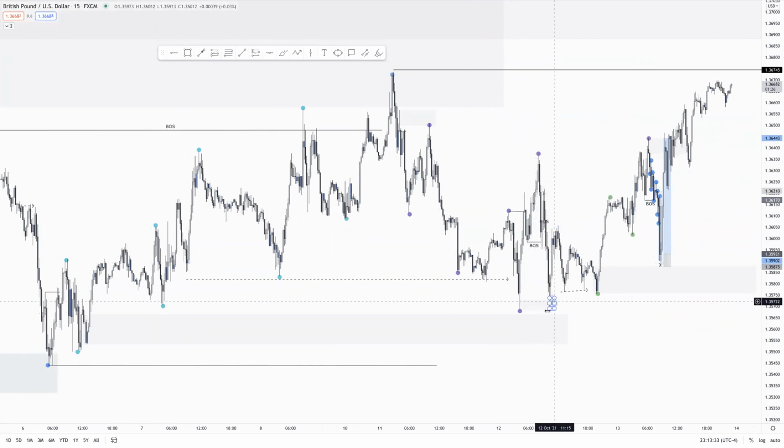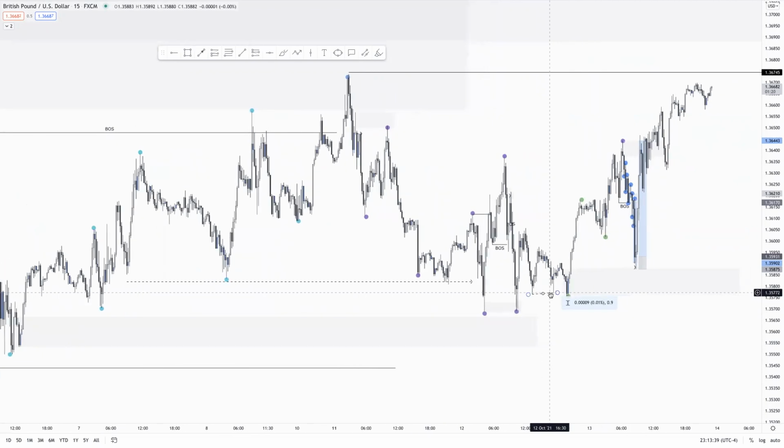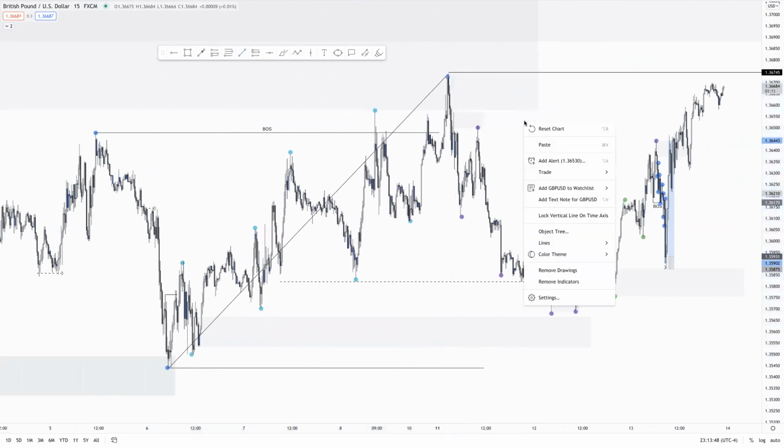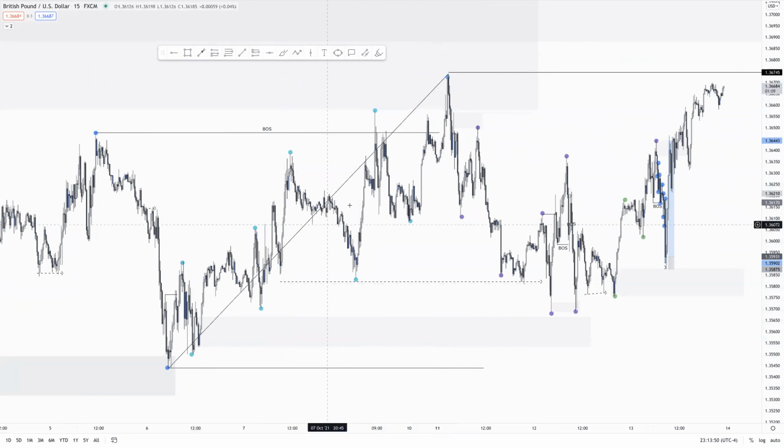Now this here was a mitigation of a candle all the way down in this region of price right here. So we had this single leg to the upside, and now we shouldn't trade below this low. So where's our POI?